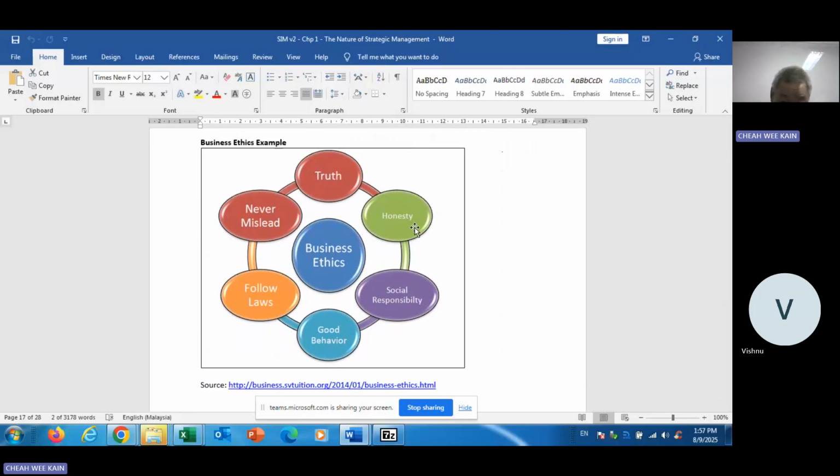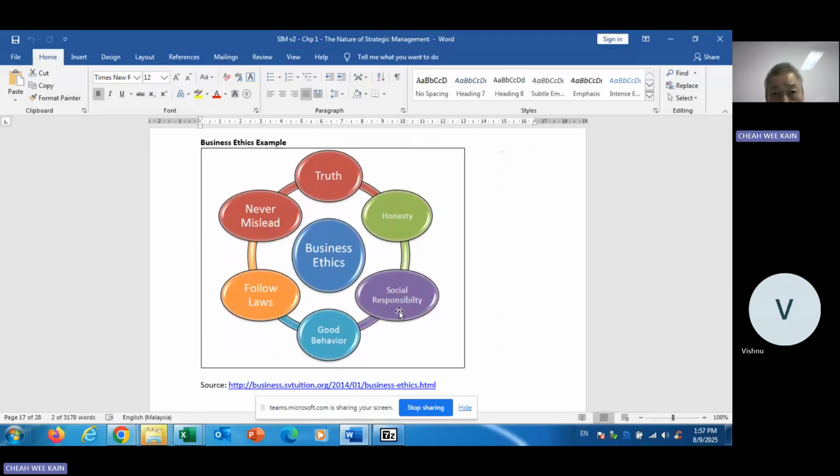Honesty. Social responsibility: the company is a member of society, and as such the company must act according to the culture and the laws of the society, and is also expected to be a good citizen. What do I mean by good citizen?